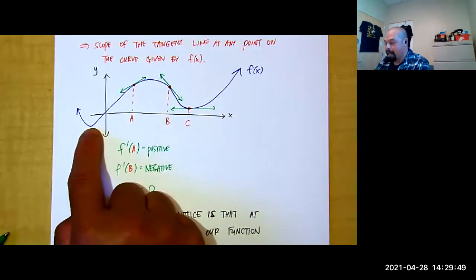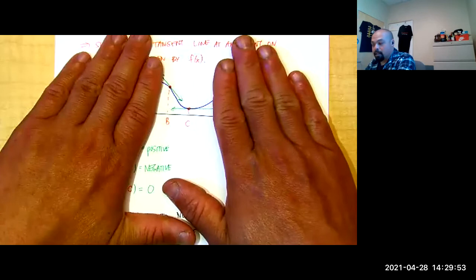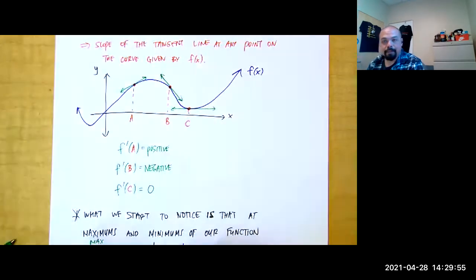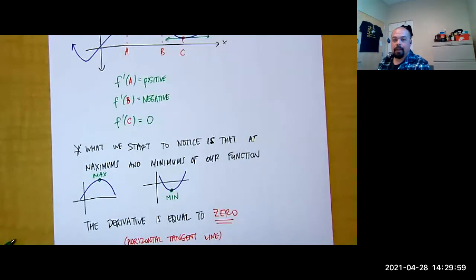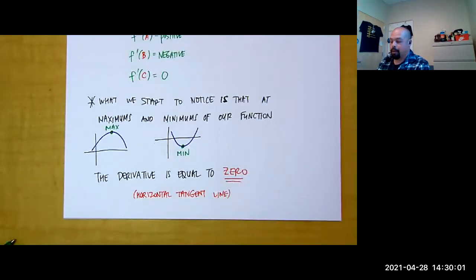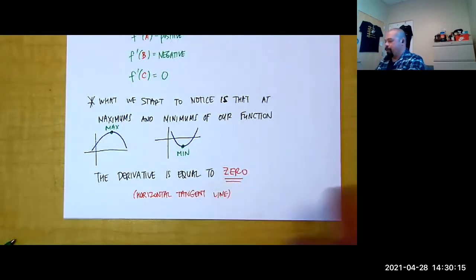There still might be a minimum over here, but locally, it's the lowest point we can identify. And we start to look for those. Where can that be if we don't have the graph handy? Where might that graph have a maximum or minimum? It's going to be when that derivative is equal to zero.